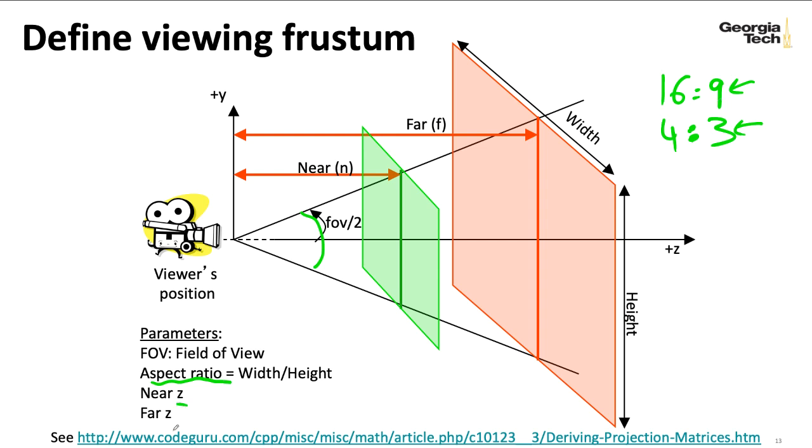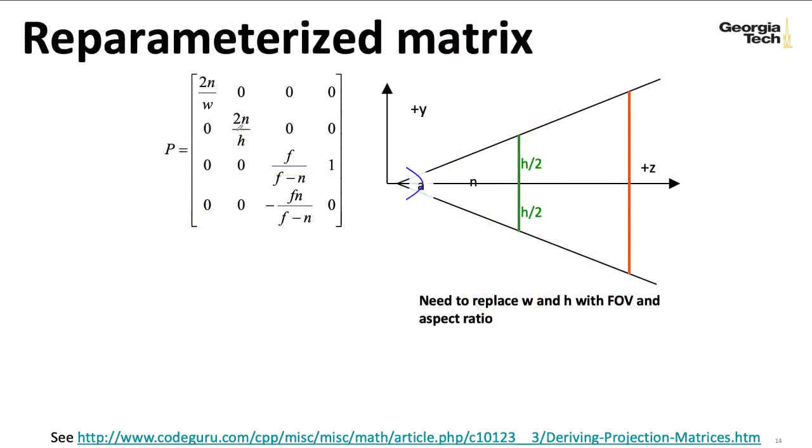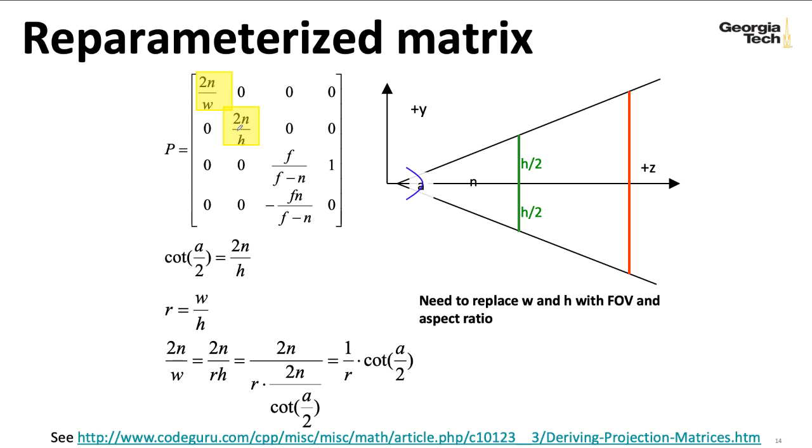And then, of course, we'll also need to define our near and far planes. There's some trigonometry involved in figuring out how the field of view maps into that height and the width. I'm not going to bother going through all the trigonometry. You can dig into that if you want, but we can take it on faith for now.